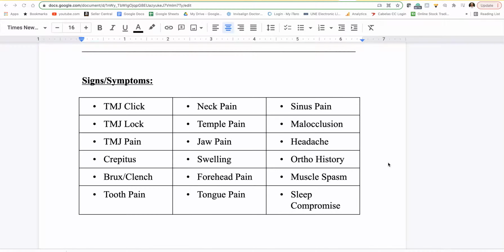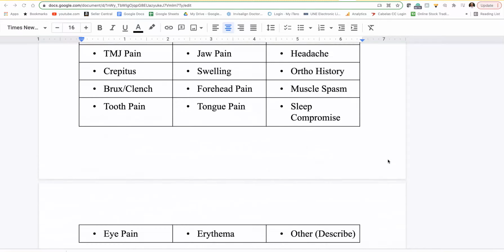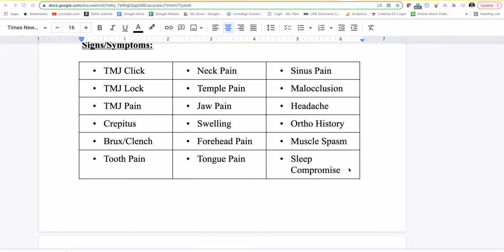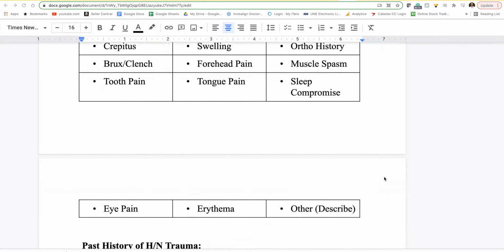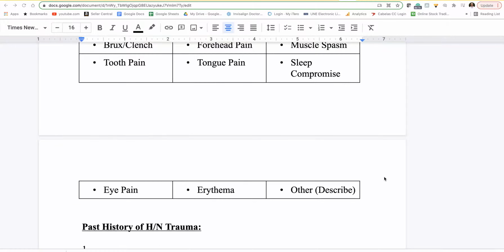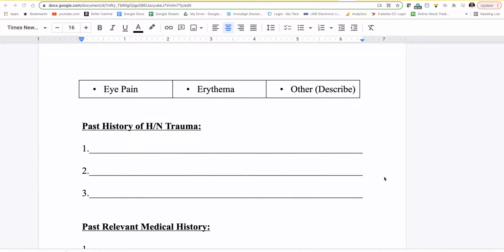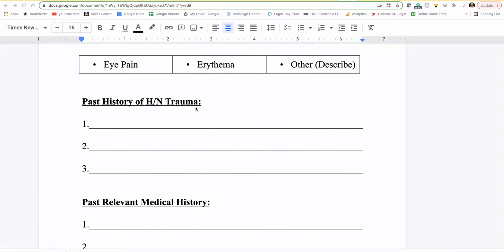Okay. Sleep compromise is part of the TMD workup, as we will find out very soon with Dr. Walker's lecture. Past history of head and neck trauma, related or unrelated to the chief complaint. Common example is patient was in a car accident at a young age, and they now have clicking and popping in their left joint.